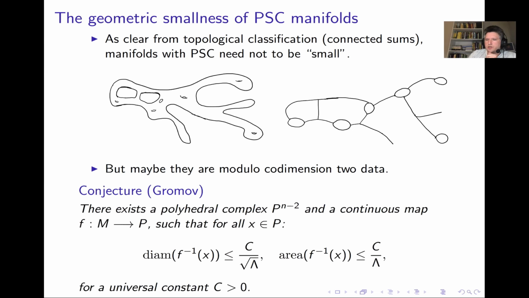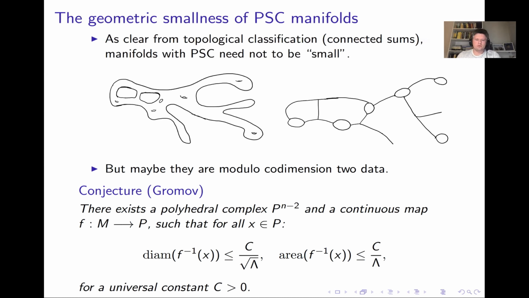And in fact, there is a conjecture by Gromov that states that for every manifold of positive scalar curvature, there exists a polyhedral complex of dimension 2 and a map from M to that polyhedral complex, such that the pre-image of every point in the polyhedral complex by this map, so the fibers, have bounded diameter and bounded area, where C is a universal constant that doesn't depend on the manifold, only on the lower bound on scalar curvature.